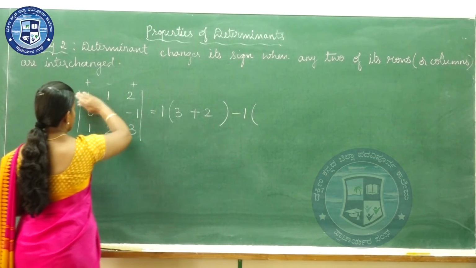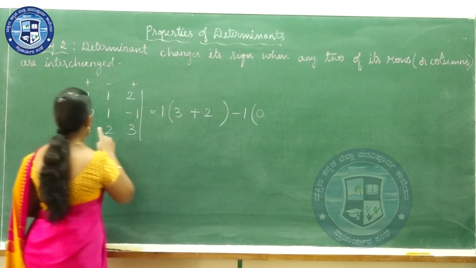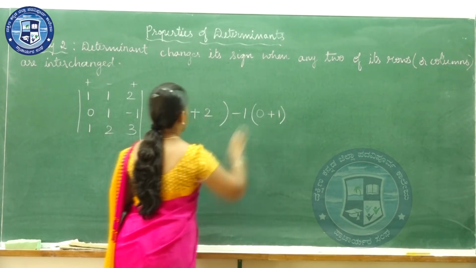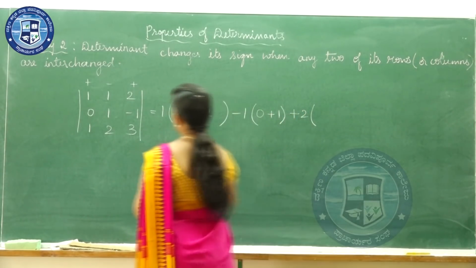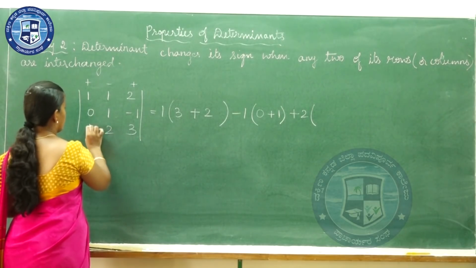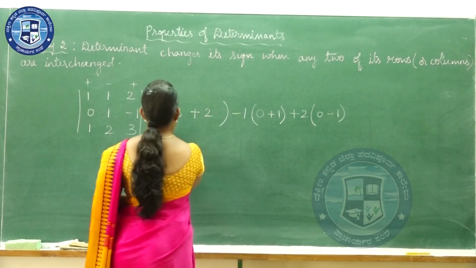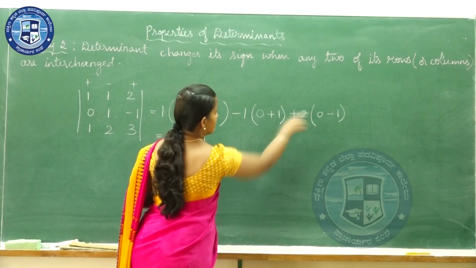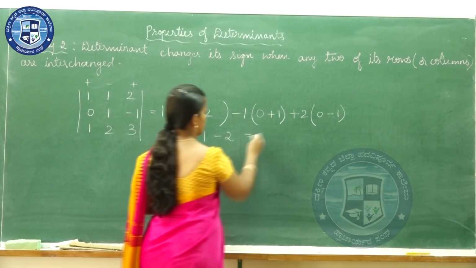Delete the second column and the first row, you will get 0 into 3, that is 0, minus of minus 1, that becomes plus 1. Then we have plus 2 into, delete the first row and the third column, 0 into 2 is 0, minus 1. So 0 minus 1. Simplify, 5 minus 1 and there it is minus 2. So 5 minus 3, that is 2.